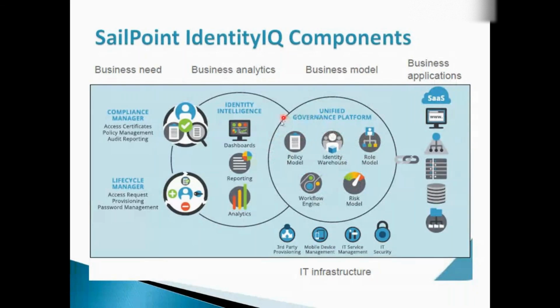A kind of policy is written, and we can write it within SailPoint IdentityIQ. Then another one is the identity warehouse, where all the user details lie. We can check what access the user has, which application access the user has, what the job title is, or which department the user belongs to. All the details are available within the identity warehouse.